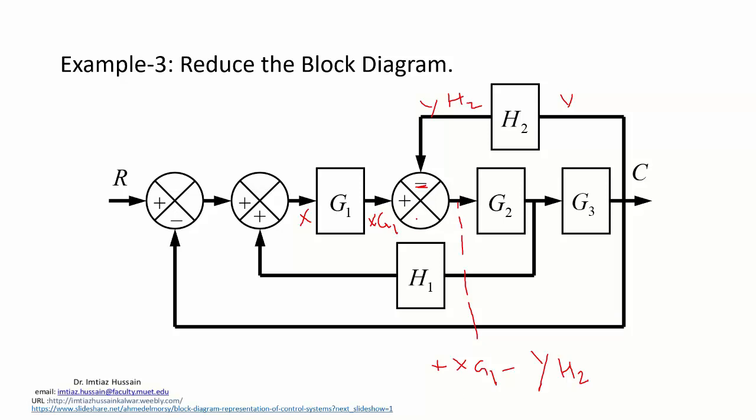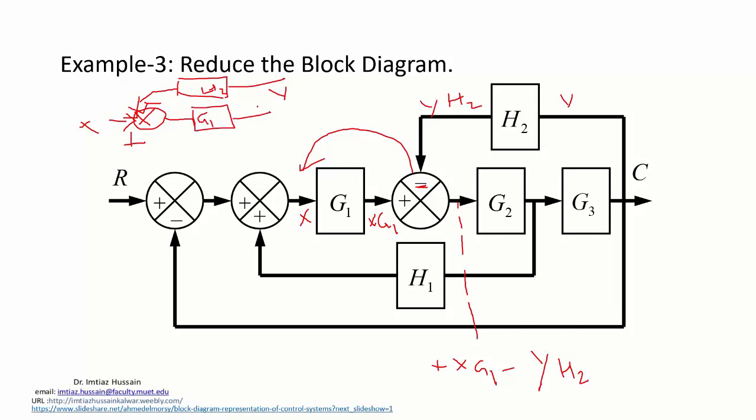Now in case you shift this summing point to this position, what additional thing you're going to get is, so you can draw this in your rough copies: you shift this comparator, which was fed with the signal x having a plus sign and a minus sign here, and now this signal is coming directly from h2, which was fed with signal y. The output of this comparator now goes through G1.